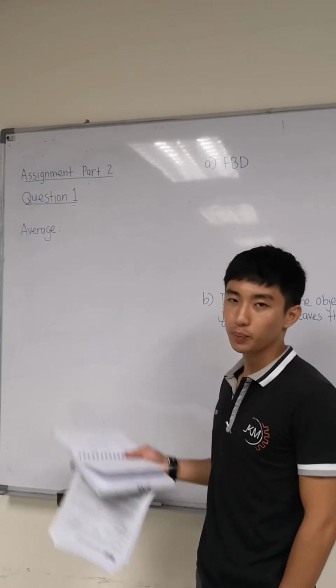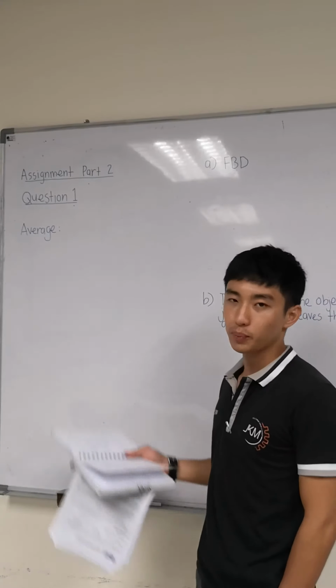The first step is to find the averages. The average of theta is theta 1 plus theta 2 plus theta 3, where all this information we get from part 1, which is 20 plus 30 plus 10 divided by 3, and we get the answer of 20.